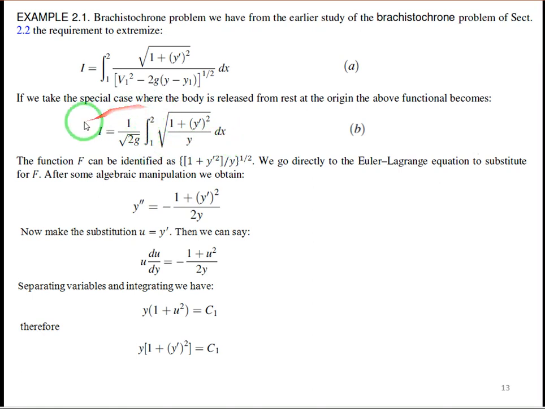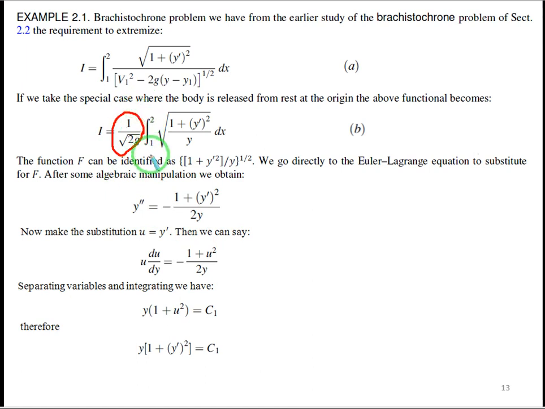Let's speak about this problem. As you can see, the coefficient of this integral is a constant number and does not affect the extremum or minimum.